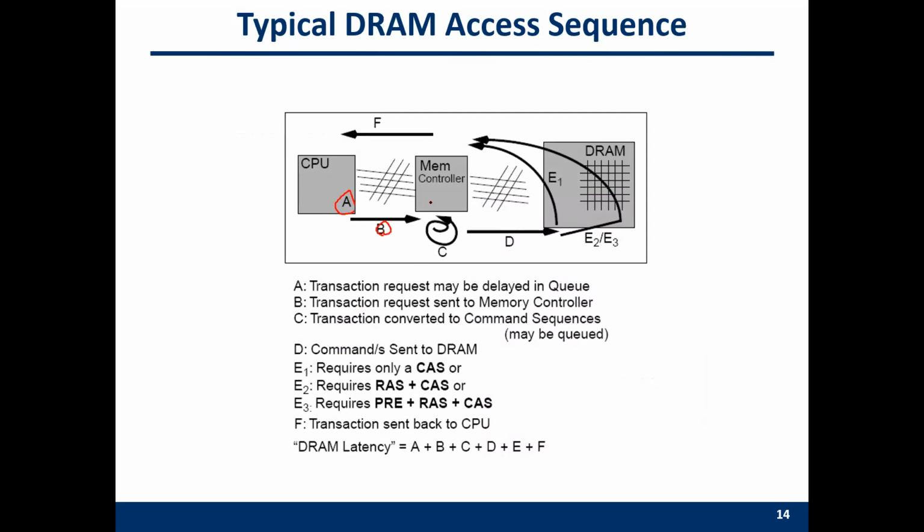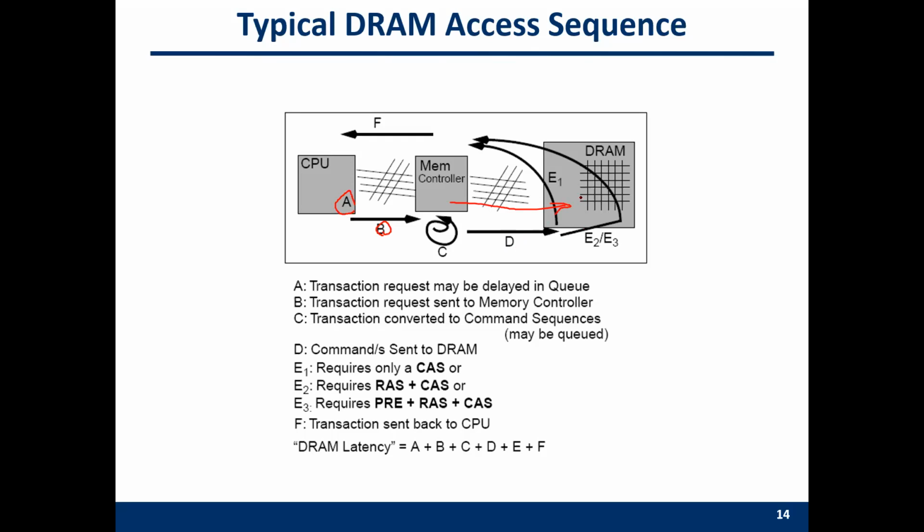Memory controller translates this maybe RISC instruction to DRAM instructions. And then the memory controller sends an activation command, which is also called a row address strobe command.